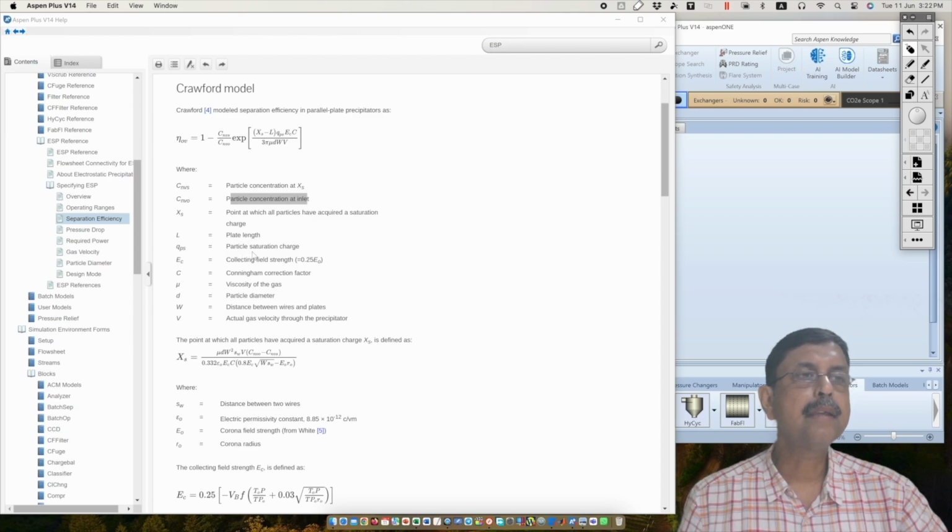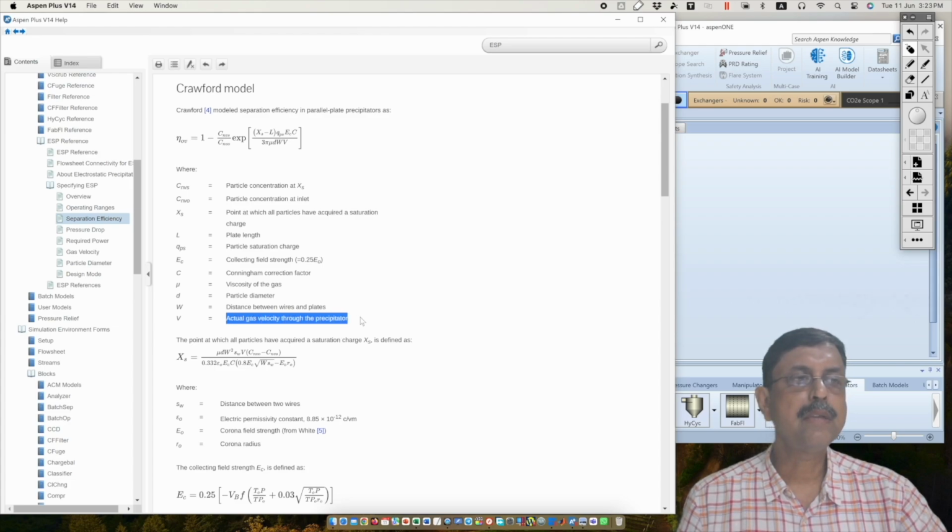QPS is particle saturation charge. EC is collecting field strength. C is the Cunningham correction factor. Mu is viscosity of the gas. D is diameter of the particle. W is distance between wires and plates. And V is actual velocity through the precipitator.